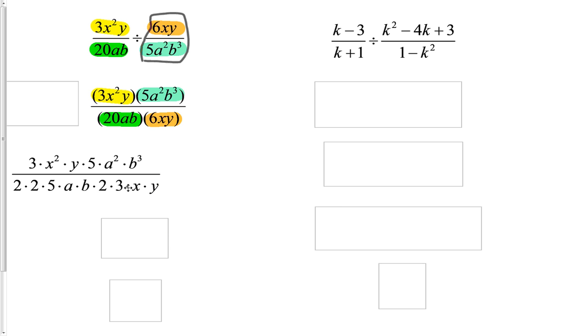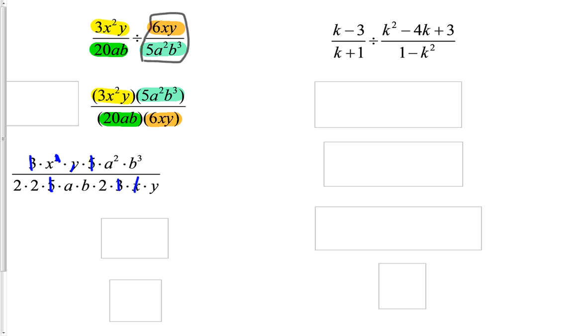So if we want to start canceling things out to clean this up a little bit, we can see that we have a 3 up top and down below. We have a 5 up top and down below. We have x to the first power here and an x to the second, so 2 minus 1 is 1, so we're going to make that to the first power here.